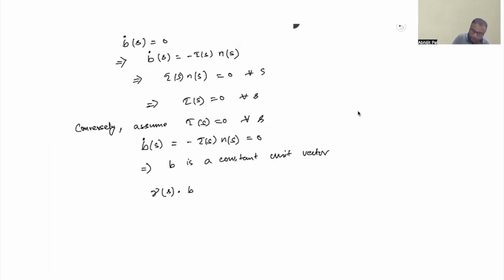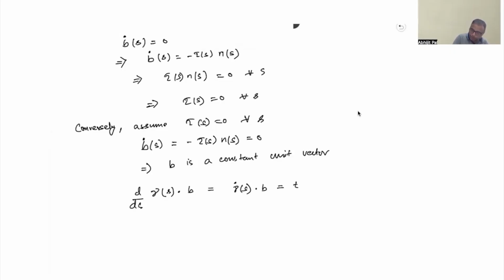In order to prove this is constant, take the derivative of this, which is nothing but gamma dot (s) dot product with B. B is a constant vector, so therefore we have this.